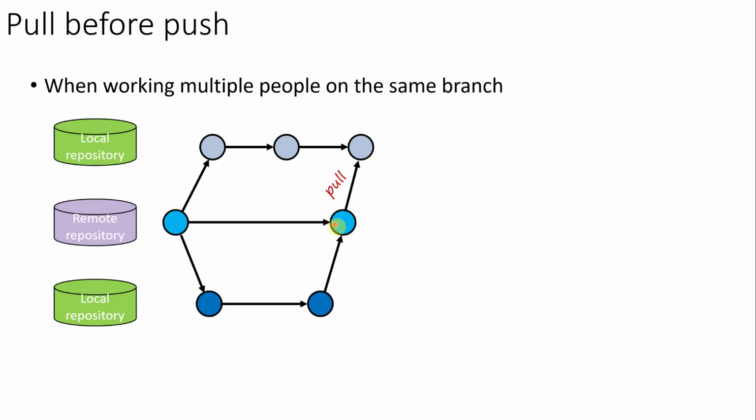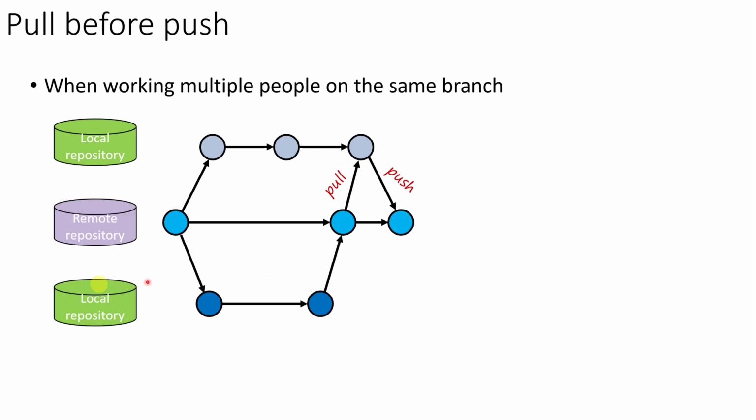So I take whatever was changed from here to here, that goes into our local workspace. So maybe there may be conflicts because you have changed the same part of the code, and you fix that, and once that is fixed, then you can make a push and update the remote repository.